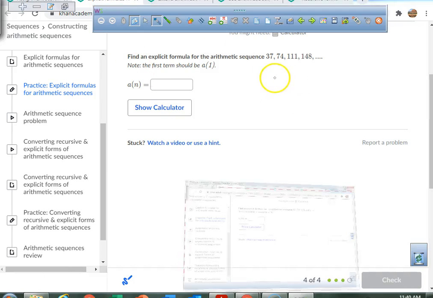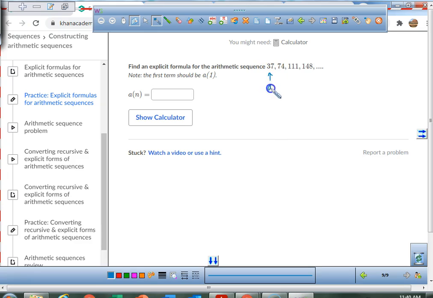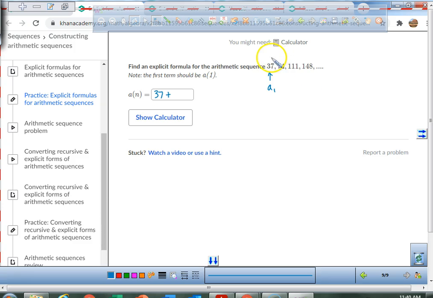It's super easy. Here we go. That's your very first term. So I'm going to put 37 right there. We're going to add. Oh, we're going up. It looks like we're going up by 37. That looks like a plus 37, because 37 plus 37 is 74, and 74 plus 37 is 111, and I'm guessing 111 plus 37 gets me to 148.